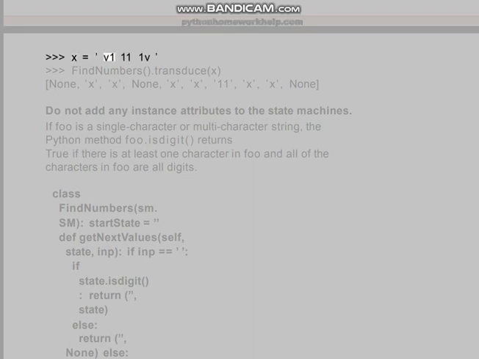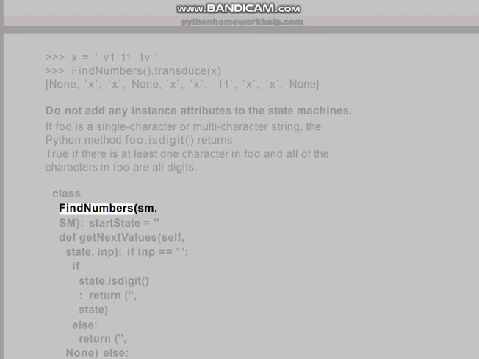x = 'v1 1v'. find_numbers.transduce(x) gives None, x, None, x, 11, x, None. Do not add any instance attributes to the state machines. If foo is a single character or multi-character string, the Python method foo.isdigit() returns True if there is at least one character in foo and all of the characters in foo are digits.